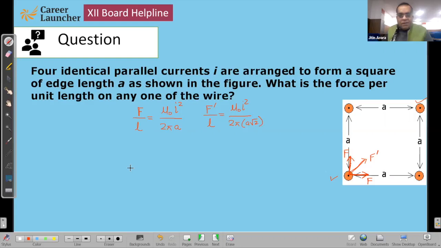So forces are vectors. So if I have to find the net force, what am I supposed to do? If I have to find the magnitude, I'll say it is equal to F, the first force, which is, let's say, being called small f, and this one, which is being called small f dash.